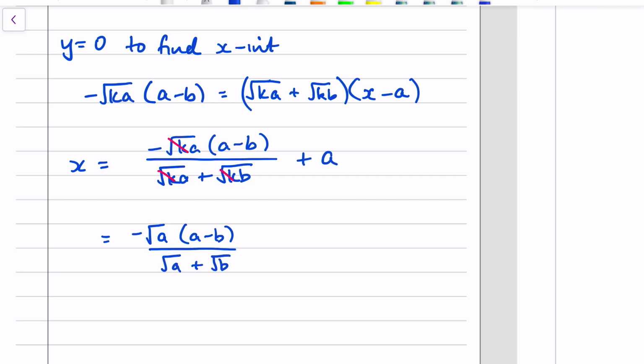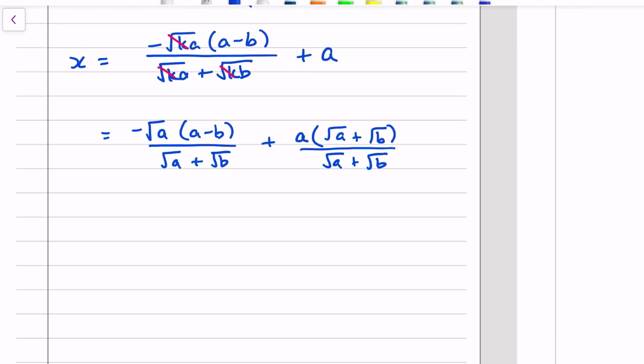And then I want to add a to this, so I'm going to put it over a common denominator by timesing that by root a plus root b, top and bottom. Okay, now I can add those terms. Notice that the minus root a times a, which is in the front here, is going to cancel with that one when I add.